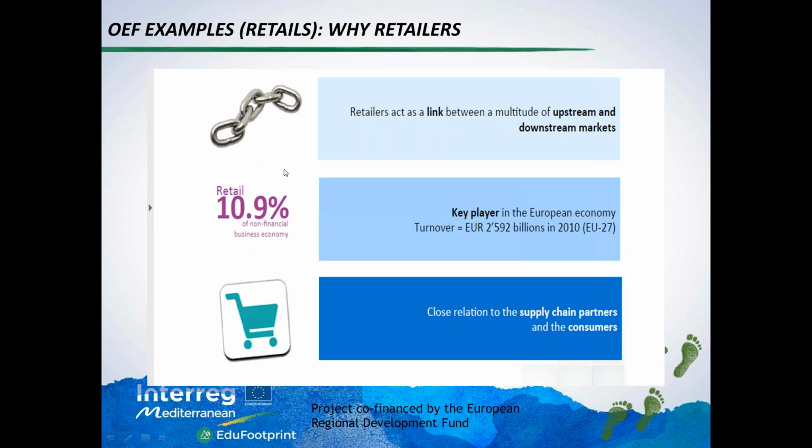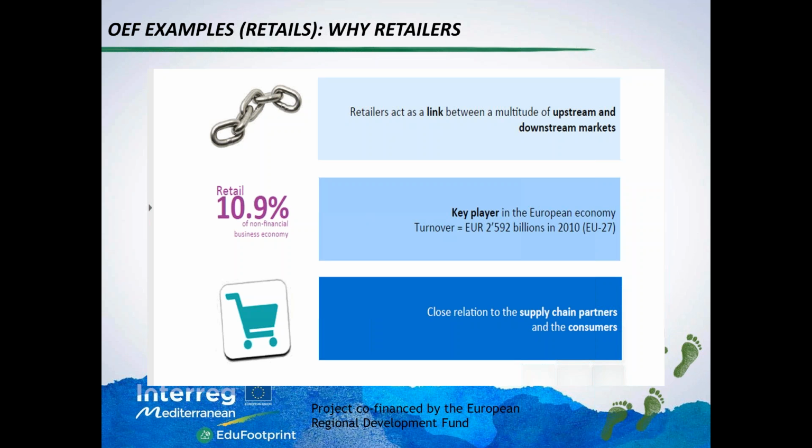These are the reasons why they have chosen retail as a sector. First of all, because retailers act as a link between a multitude of upstream and downstream markets. Then because there is a lot of turnover inside this kind of sector. And then because there is a close relation to the supply chain partners and the consumers.